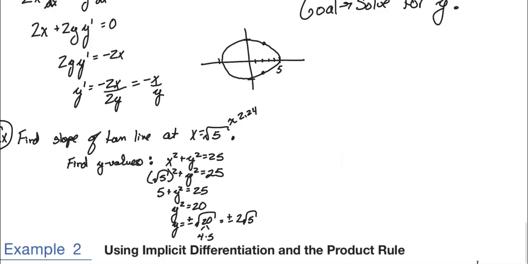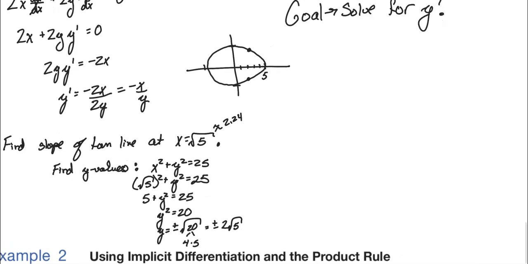That would be slopes here and here. That's why we end up with two values. When I take the square root, I always have a plus or minus. One's going to be positive and the other one negative. So we're looking at the point x equals square root of 5, y equals 2 square root of 5, and then the point x equals square root of 5, y equals negative 2 square root of 5.